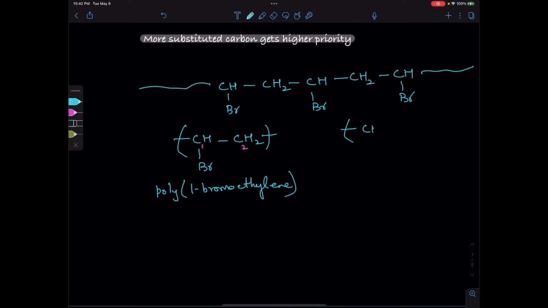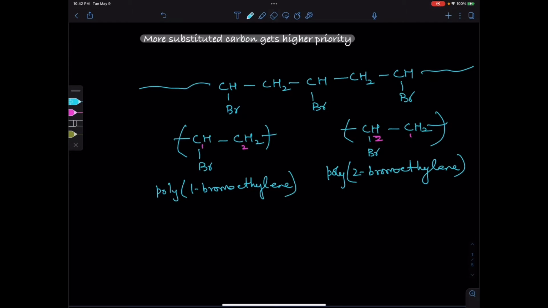If we number the carbons like this, then we get 2 bromo ethylene.